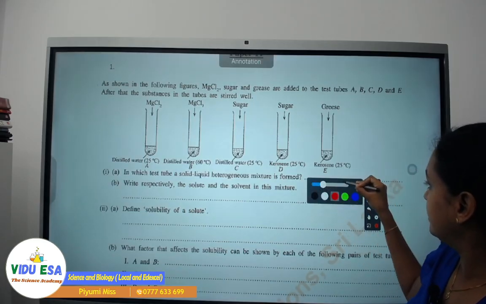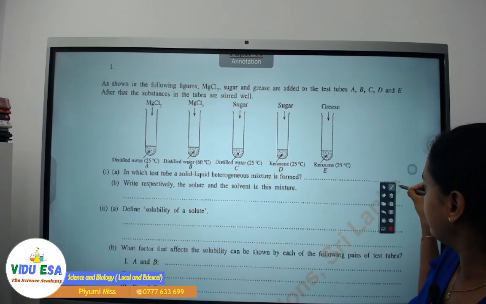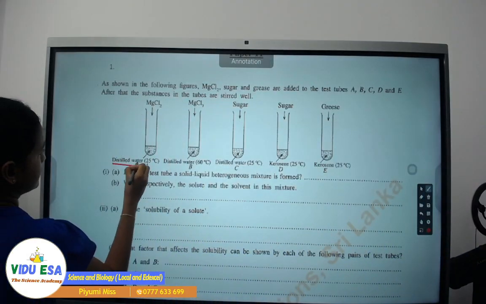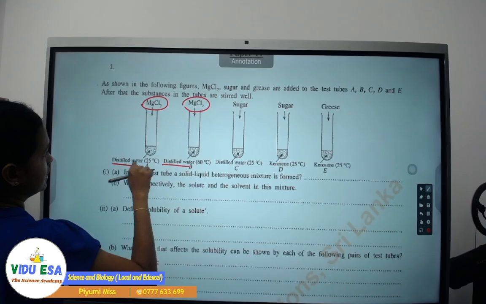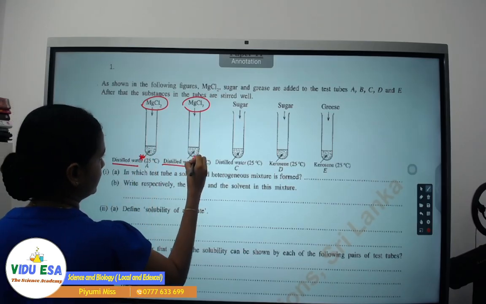So here in A and B, you can see that the solute and the solvent are the same. Distilled water, magnesium chloride, solute, solvent. But the temperature is different, 25 and 60.